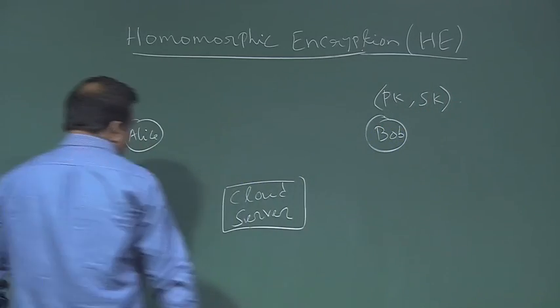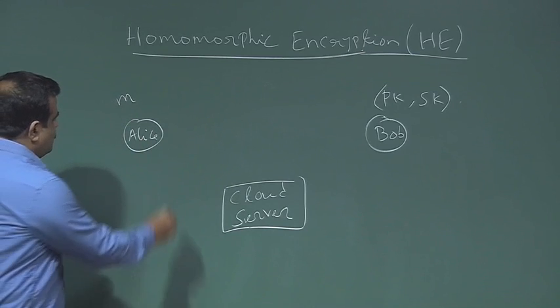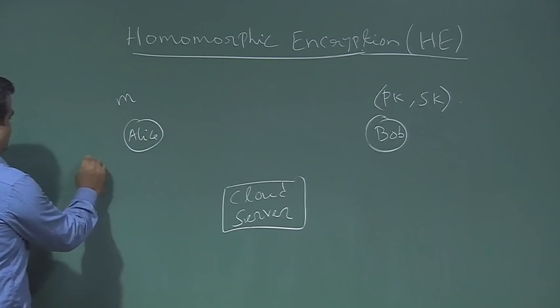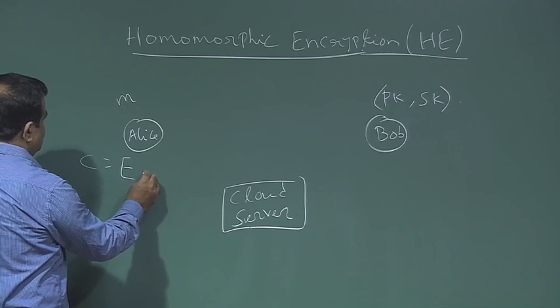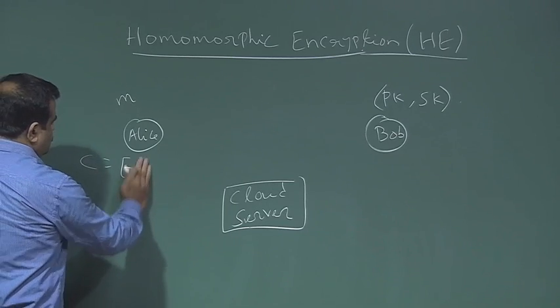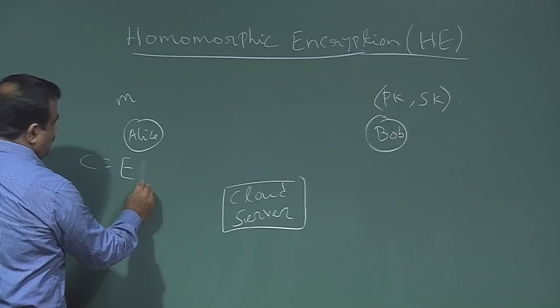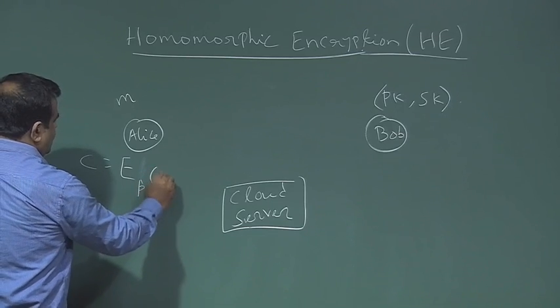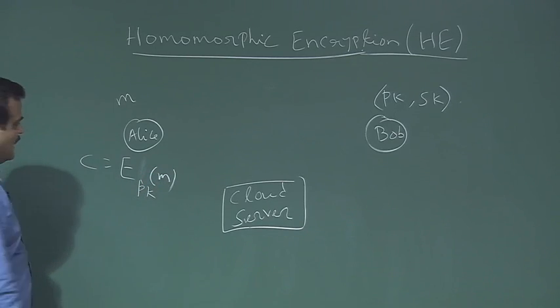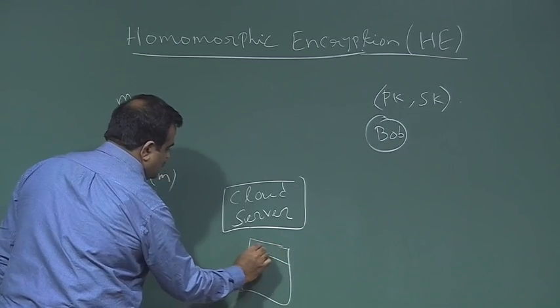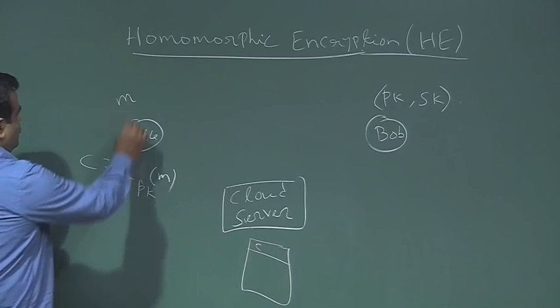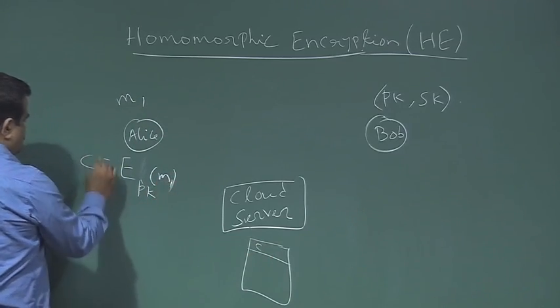So Alice is encrypting this message using Bob's public key and generating the ciphertext. If it is M1, this is C1.